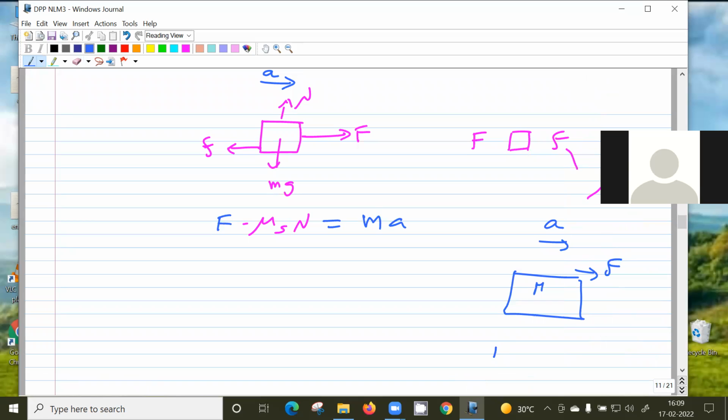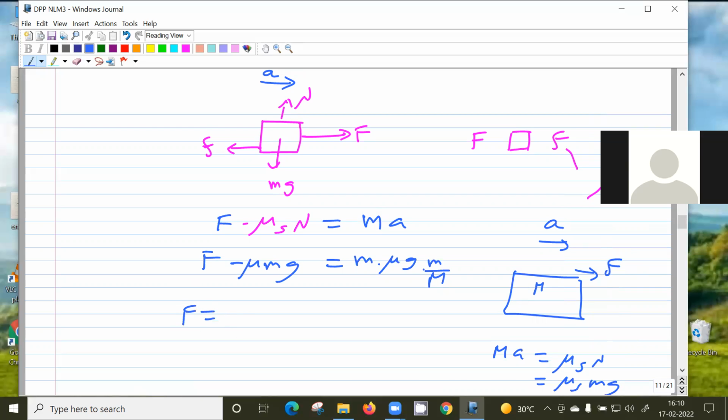So M into A is the friction force, that is mu s into N, that is mu s into mg. So from this I get acceleration. So acceleration is mu g small m by capital M. Okay, so I have to find this, F minus mu mg.